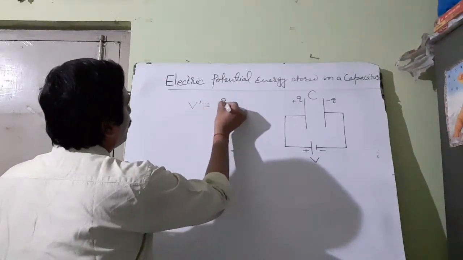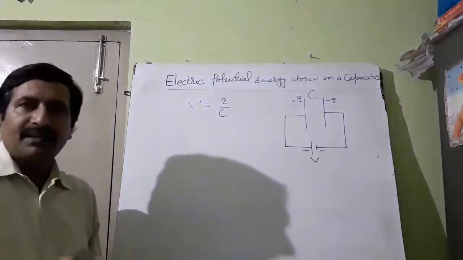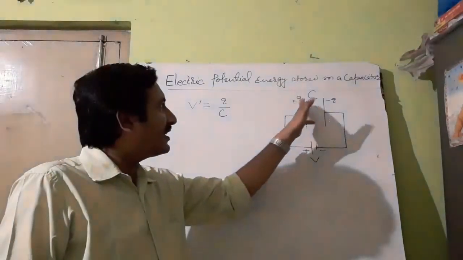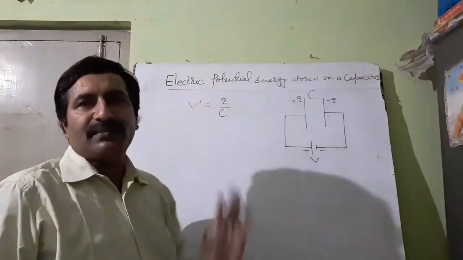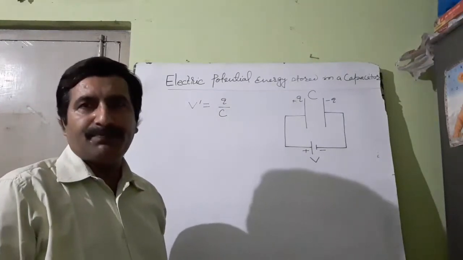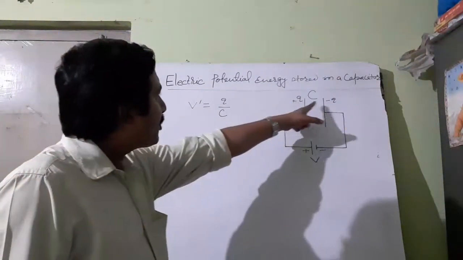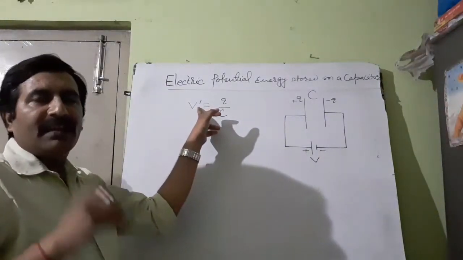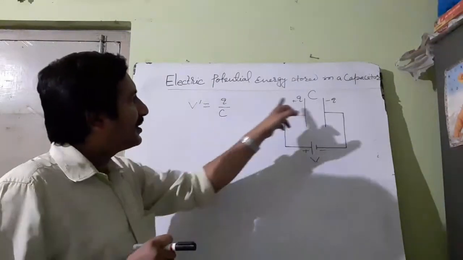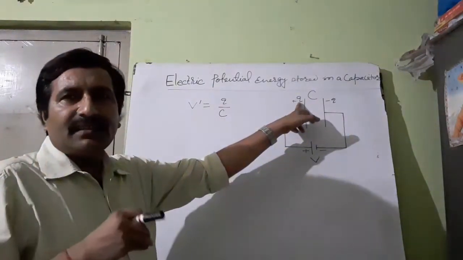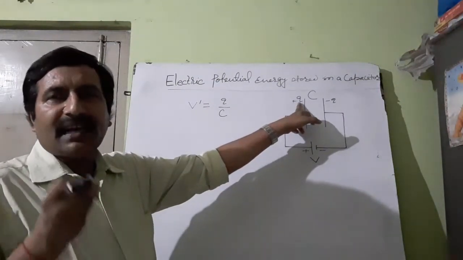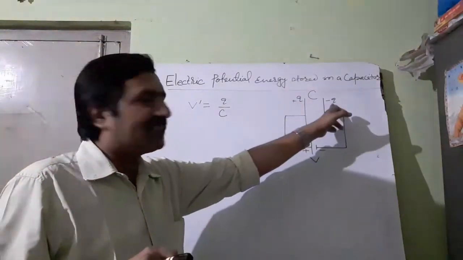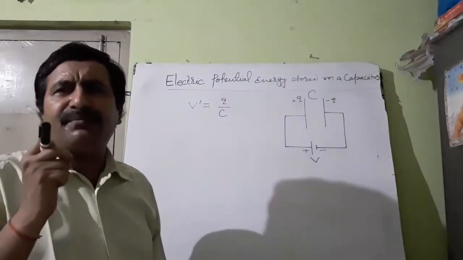V dash is equal to Q by C. And whenever it is completely charged, the potential difference across the two plates of the capacitor will become V. Suppose when the potential difference between the two plates is V dash, at that moment a small amount of charge dQ, meaning electrons equivalent to charge dQ, gets transferred to this plate for a very small time interval.